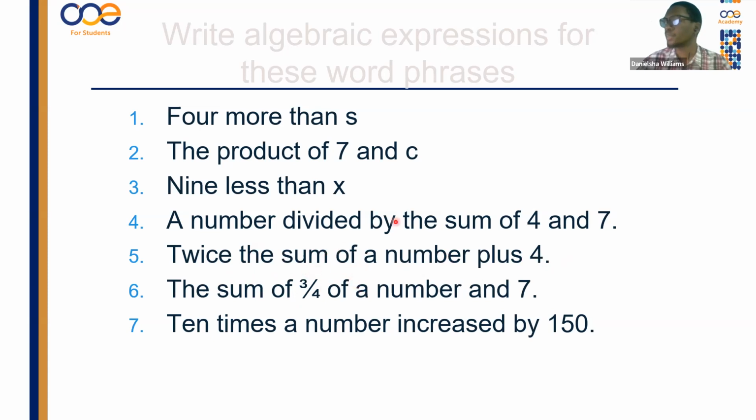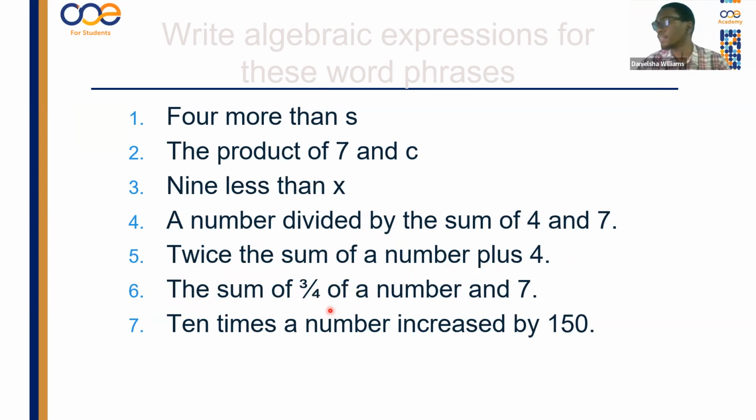So similar to the situation above, we can put parentheses around this operation, the summation, and then multiply it by 2. So that'll be 2 brackets x plus 4, close brackets. For number 6, I should say.